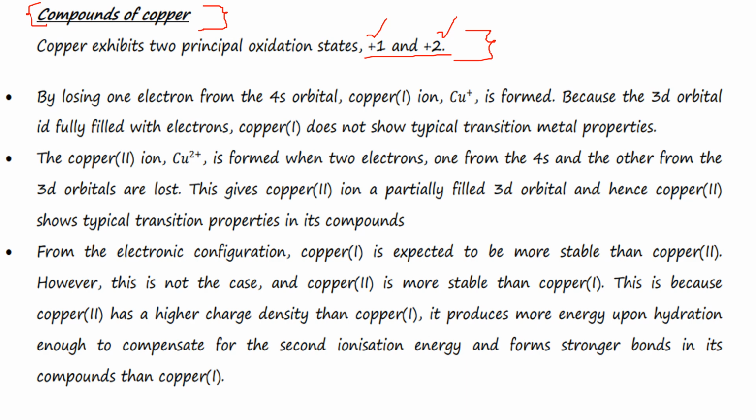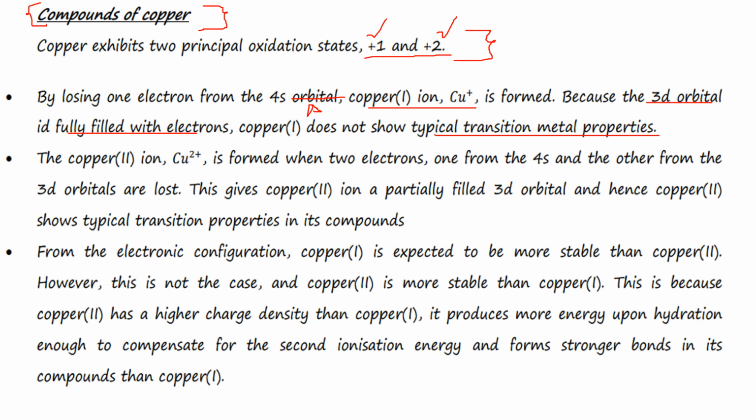By losing one electron from the 4s sub-energy level, I told you to avoid the word orbital, though it's what I included in these notes, we form the copper 1 ion. Because the 3d sub-energy level is fully filled with electrons, copper 1 does not show typical transition metal properties.